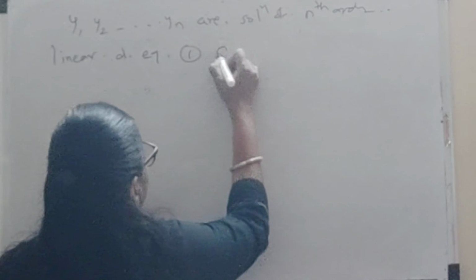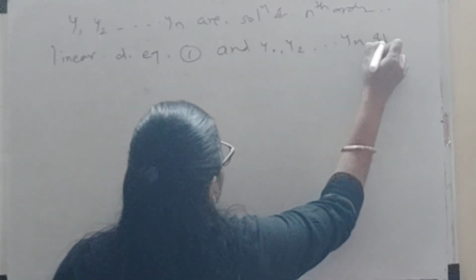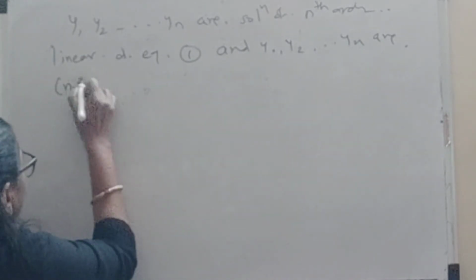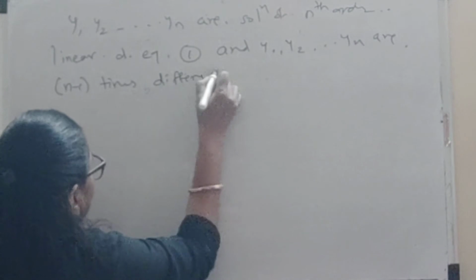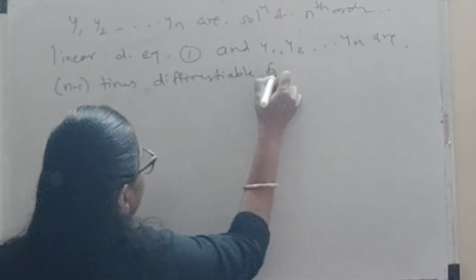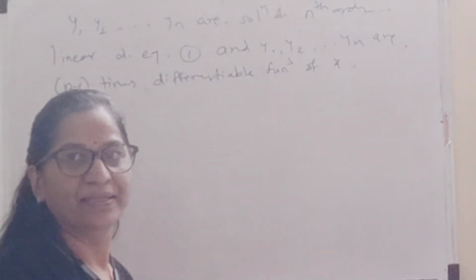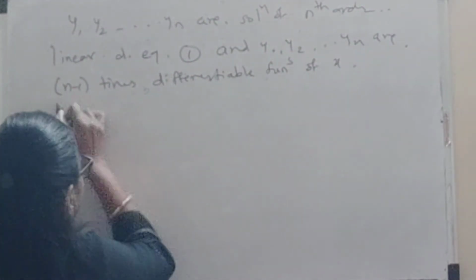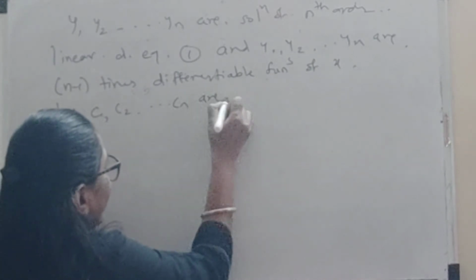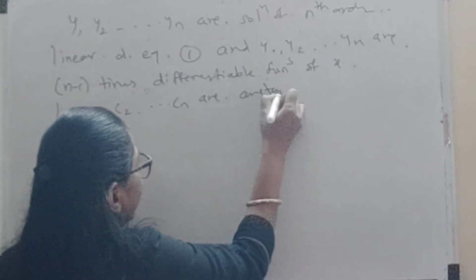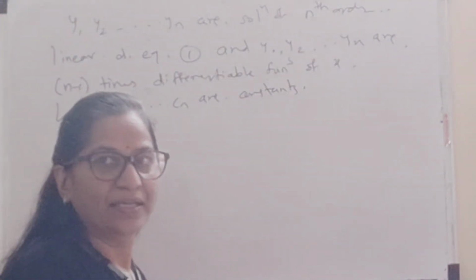So y1, y2 up to yn are n minus 1 times differentiable functions of x. One more thing, let c1, c2 up to cn be constants.